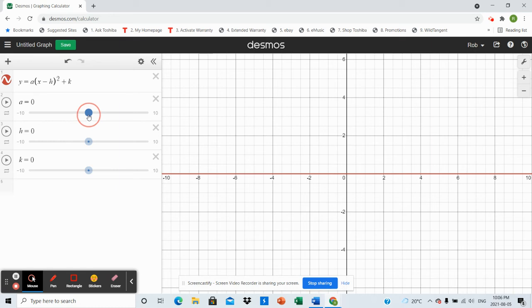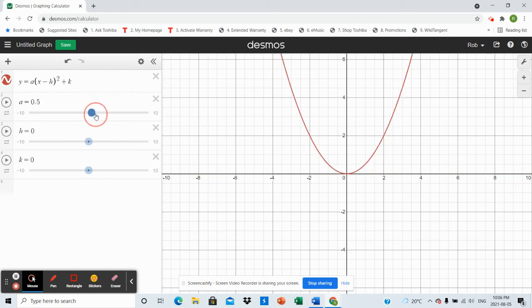All of a times x minus h squared would go to zero, because zero multiplied by anything equals zero. So all you'd be left with is k. So just for fun, we can move our horizontal line up and down. All right. So a is never zero in quadratic relations.